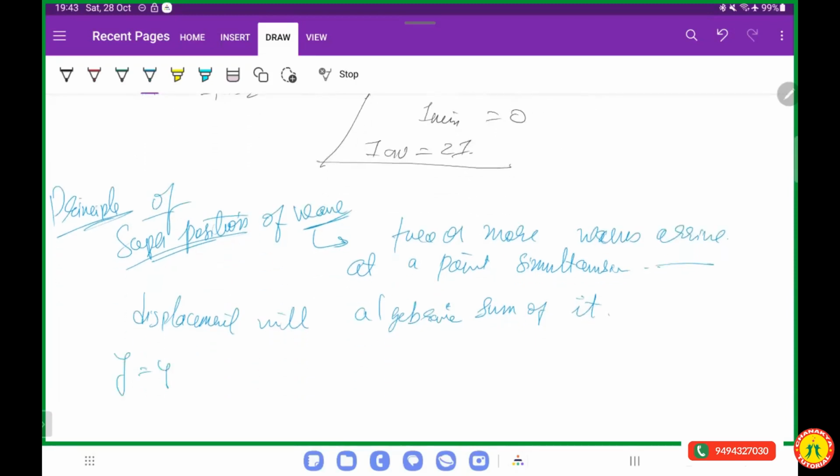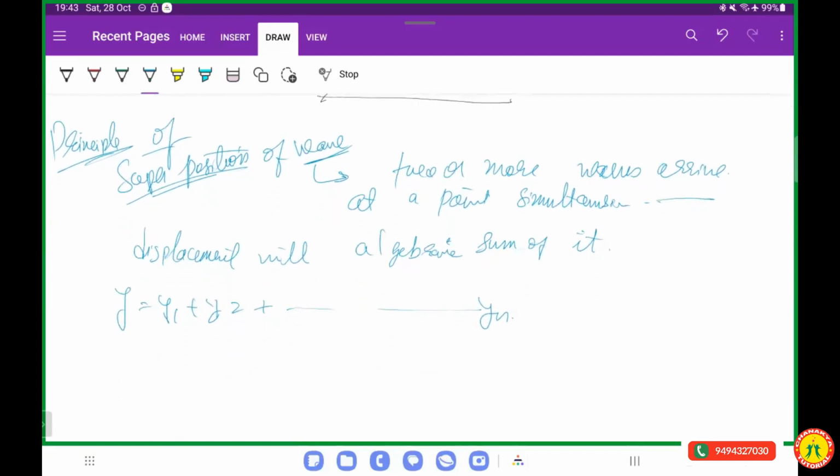So y equals y1 plus y2 plus yn. y1 is the displacement in one direction, y2 is another one, y3 another one, and y is the resultant. These all are different. This is the resultant. So this is the superimposed wave. Let's do one question with this.